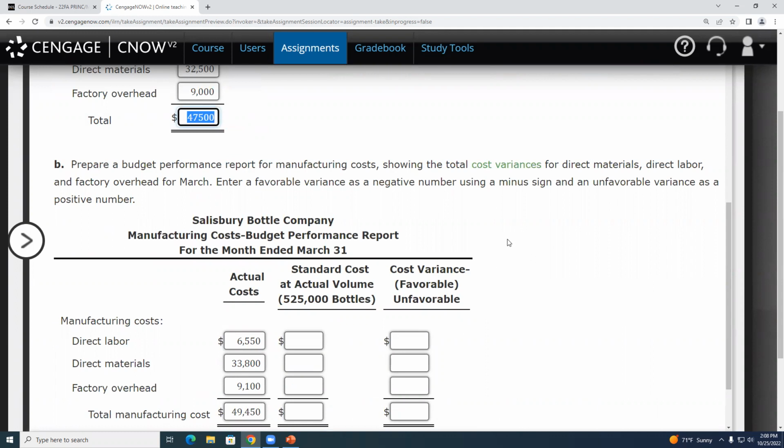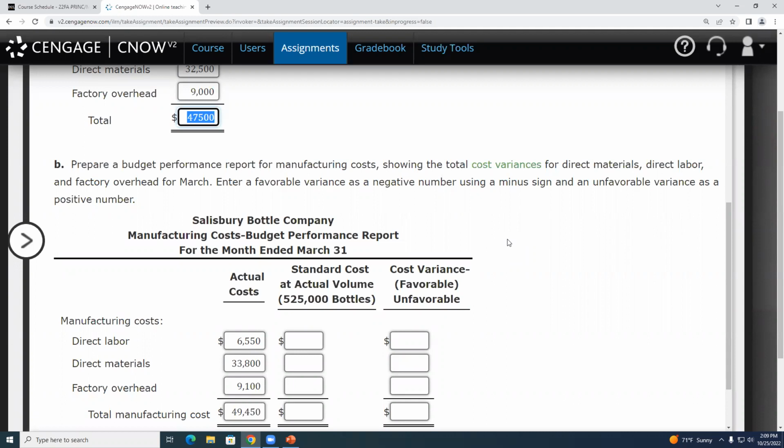But what do we know? They actually produced 525,000 bottles. They had expected to produce only 500,000. So from what we know, the fixed costs should have remained the same, but the variable costs, of course, would go up. Of course, we would expect them to go up because we produced 5% more than we had expected.